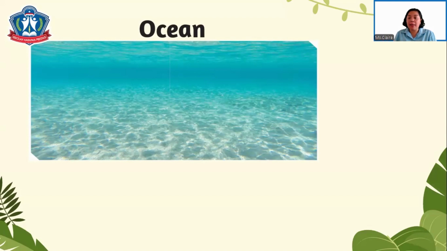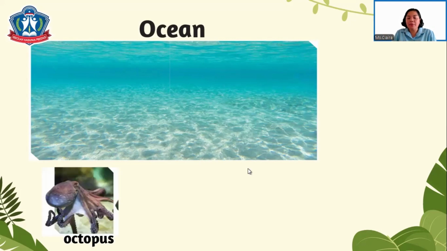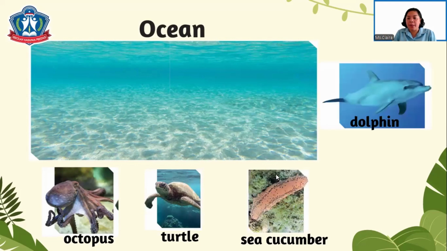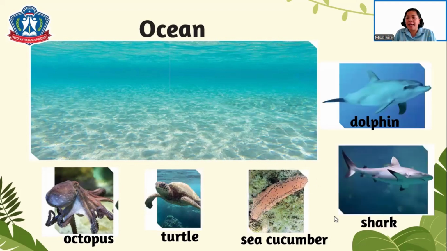We have some animals that are mammals. They are not fish, so they have to use their lungs to breathe. But they can stay longer in the water, so they can survive in the ocean. These are examples of animals that live in the ocean: octopus, turtle, sea cucumber, dolphin and shark.